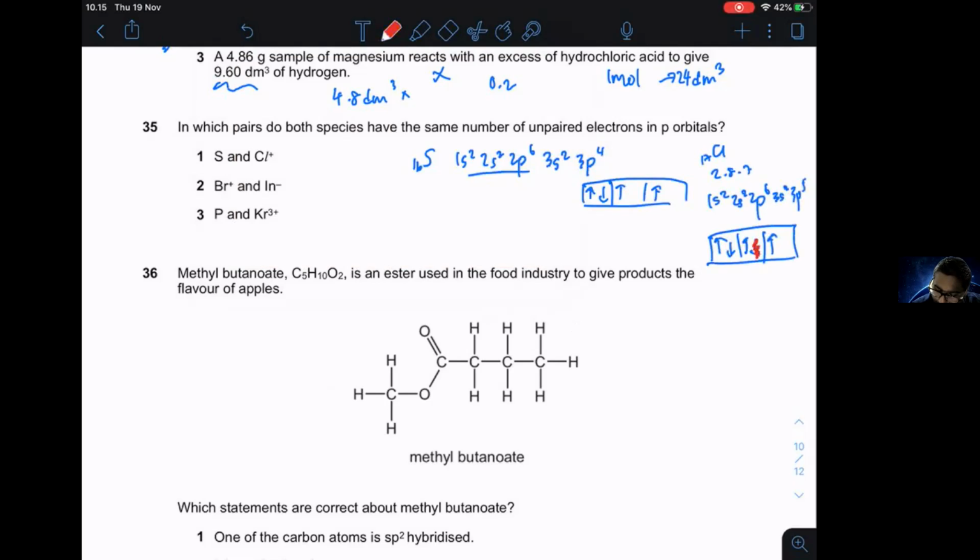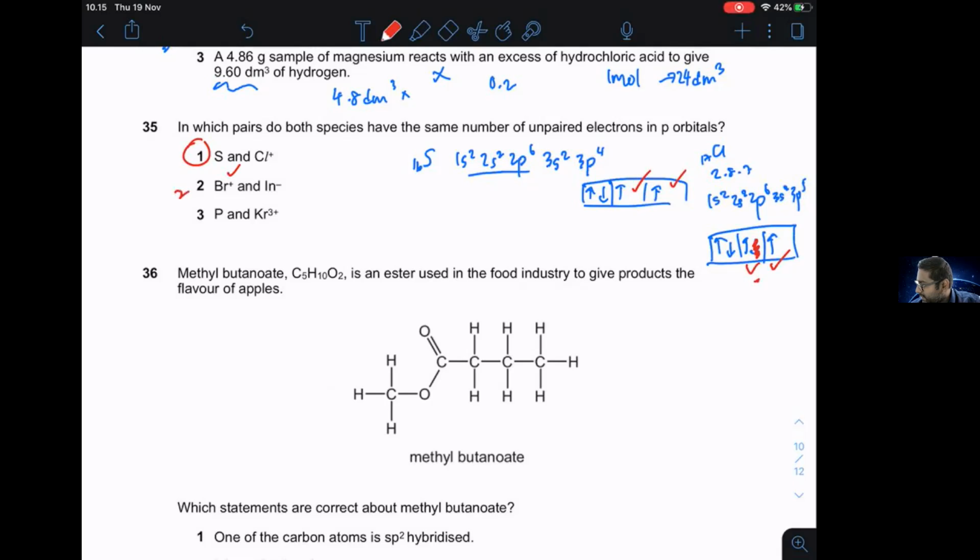So you can see the same number of unpaired electron there too. So yeah, 1 is correct. Br plus, okay, similar, I think if you have Cl plus, Br plus, I think the same, they will have this 2.